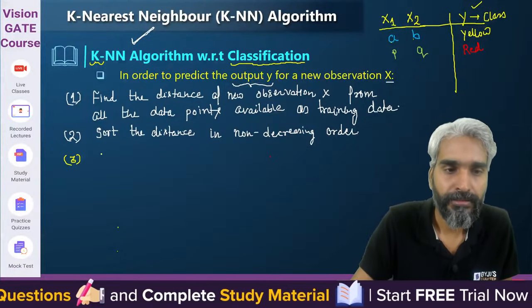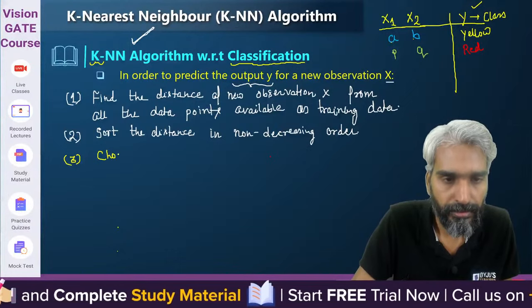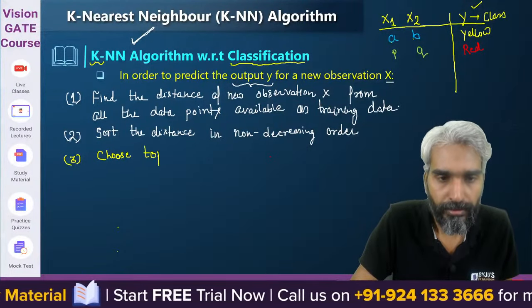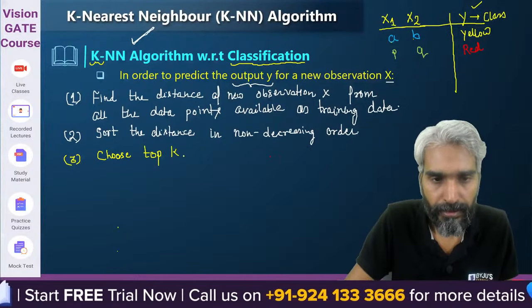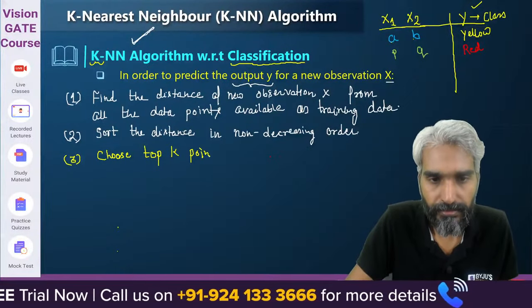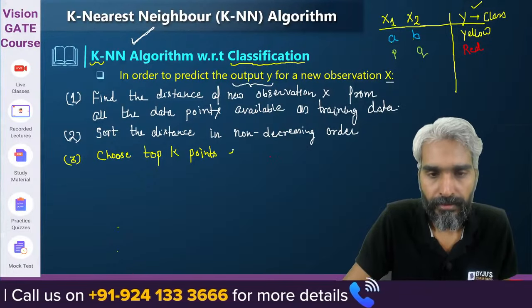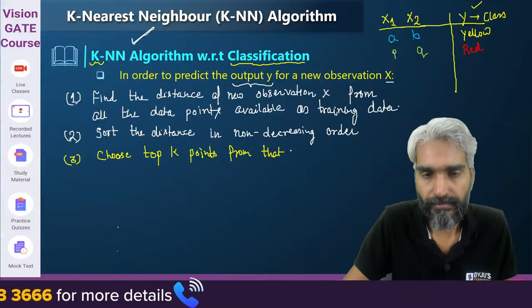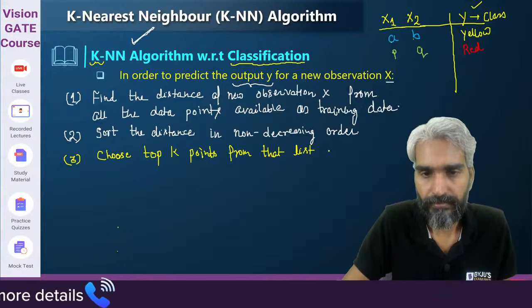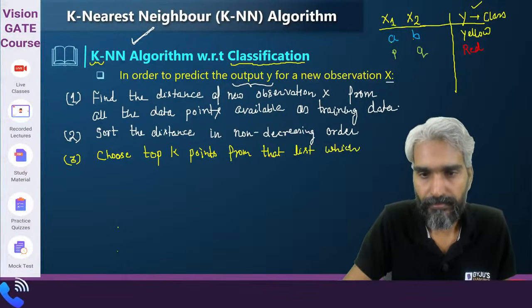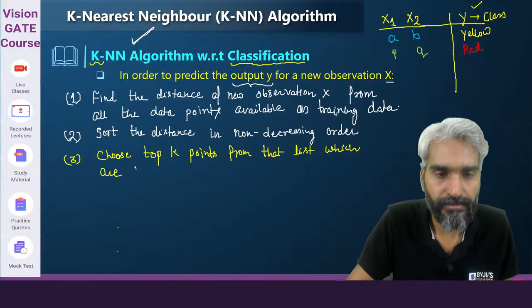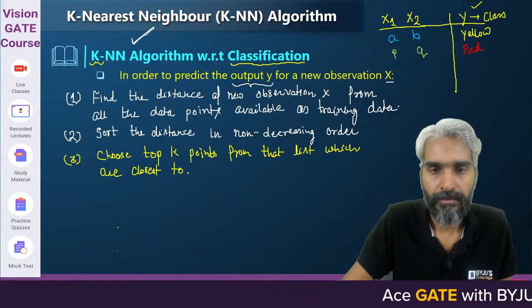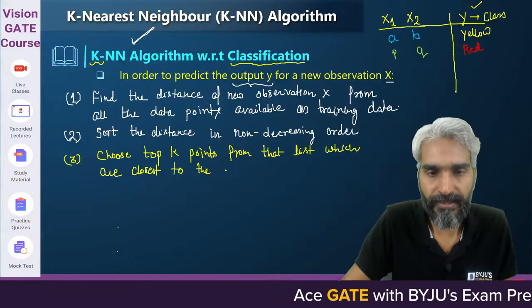Third point is choose the top k points from that list which are closest to the new observation x.